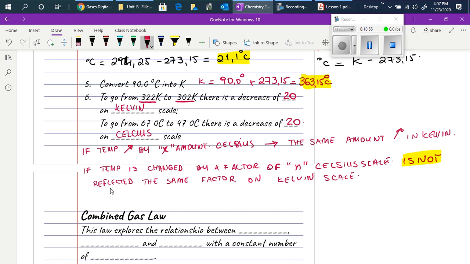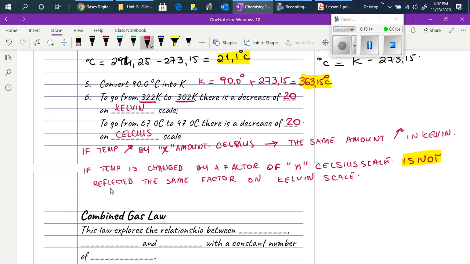So if the temperature is increased by a factor of 2, it's not the same effect on the Kelvin scale. It's not increased by a factor of 2 even on the Kelvin scale, and vice versa.